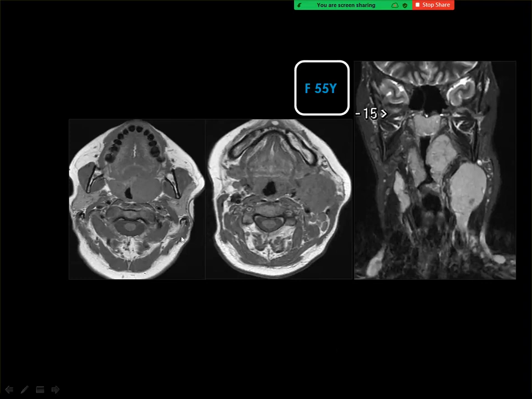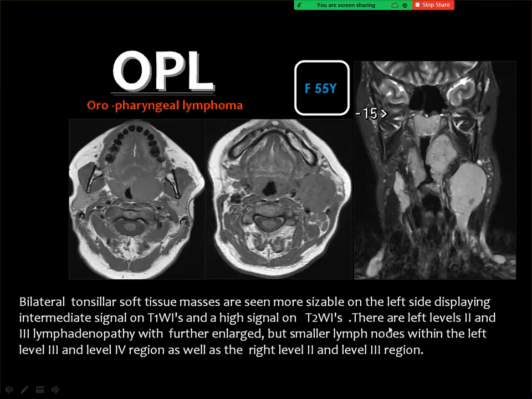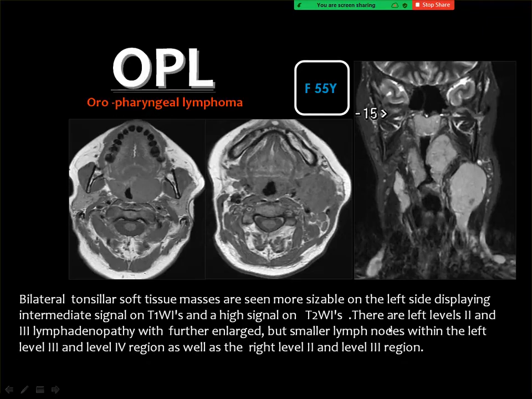All what you can see is that there is a big mass in the region of the tonsil on the left side, and you may appreciate another mass on the right side. And what is very important is a bulky lymph node on the left and other lymph nodes on the right side, and in the presence of a homogeneous mass and homogeneous lymph nodes, and the lymph nodes are bulky, you may think that you are dealing with a case of lymphoma.